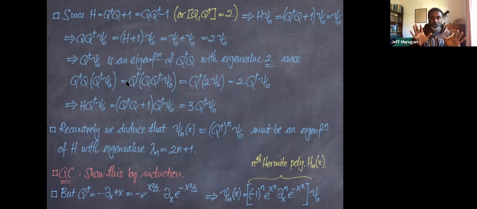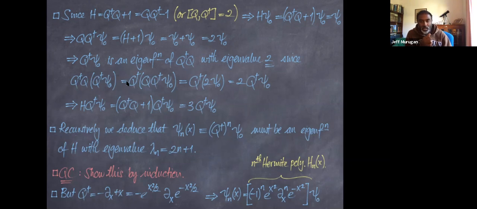So let's count our eigenvalues so far. Psi naught is an eigenfunction of the Hamiltonian with eigenvalue 1. Q dagger psi naught is an eigenfunction of the Hamiltonian with eigenvalue 2 times 1 plus 1, which is 3.